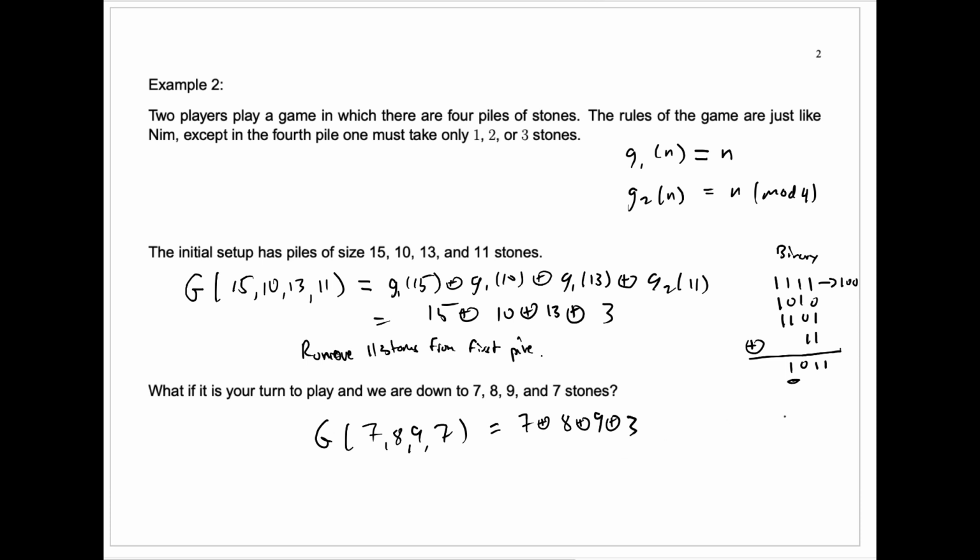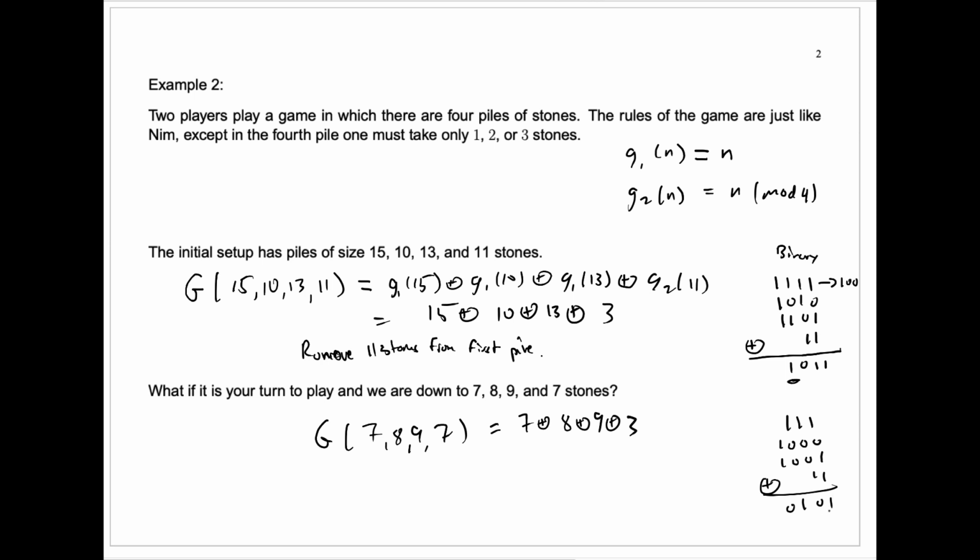And we can look at those in binary. That's 1, 1, 1, 1, 0, 0, 0, 1, 0, 0, 1, and 1, 1. Now we have here 0, 1, 0, 1.